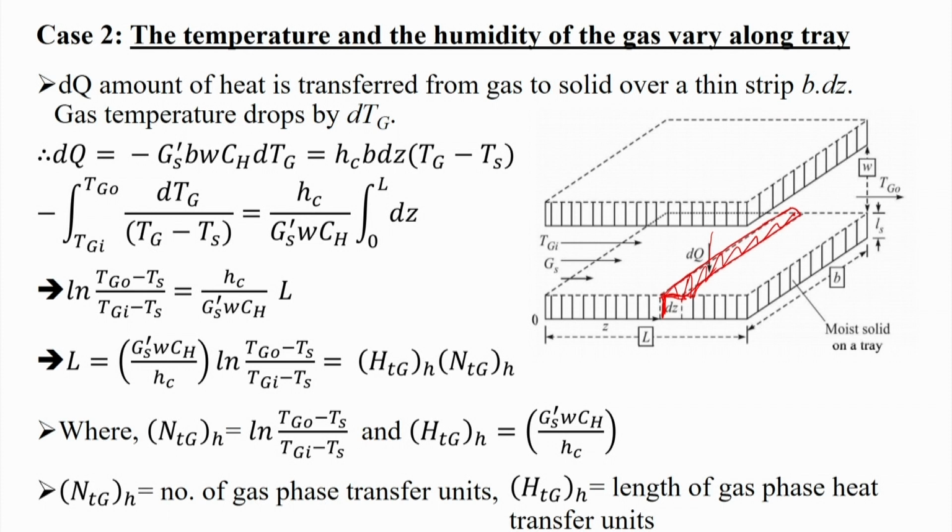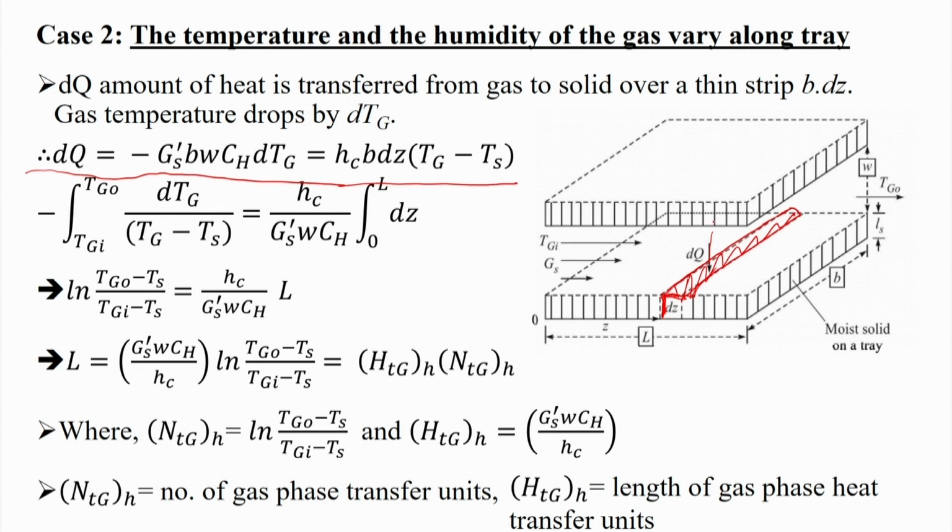So, dq is equal to minus Gs' into B into W into Ch into dTg, that is nothing but Hc into B into dz into Tg minus Ts.